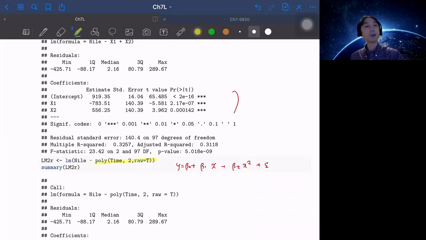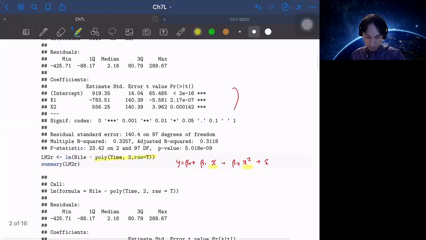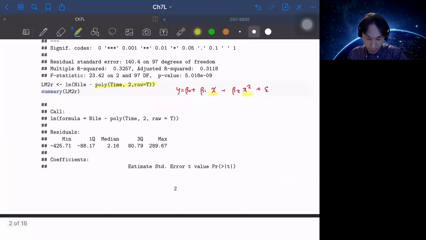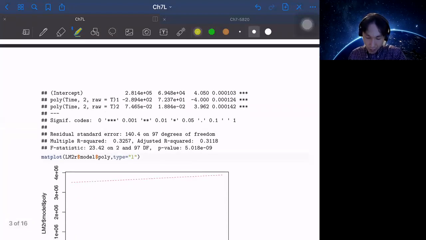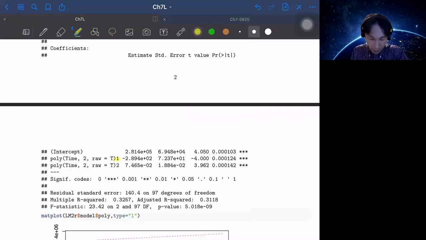Then we don't use the orthogonal basis, but x and x square. The estimation result is here. This is x, and this second one is x square.